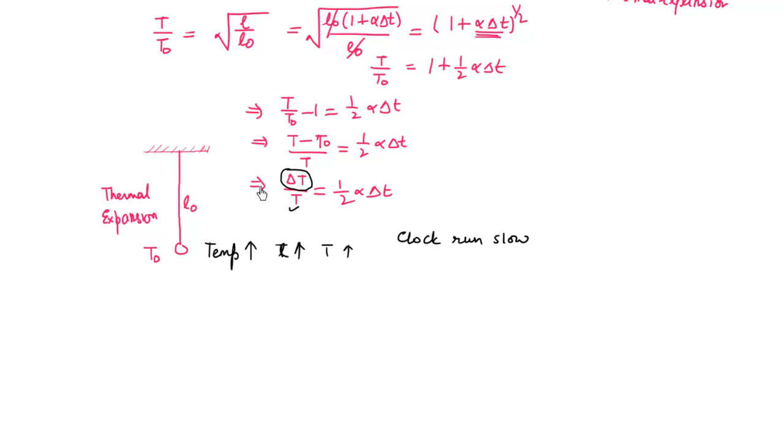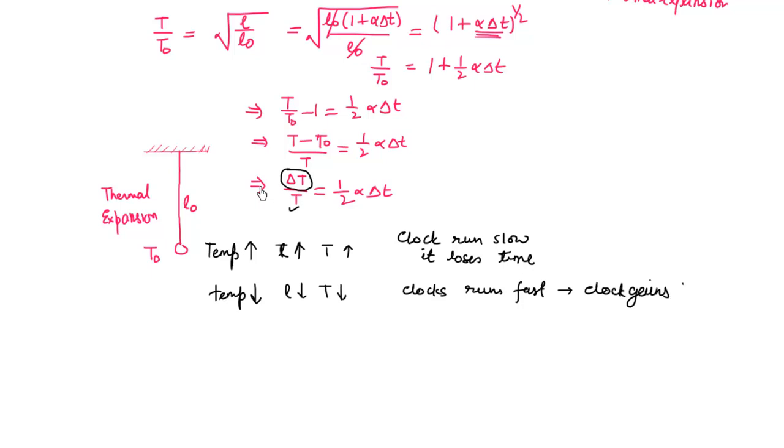So when the clock runs slow, it means it loses time. While if temperature falls, length decreases, time period also decreases, meaning the clock runs fast. We say the clock gains time.